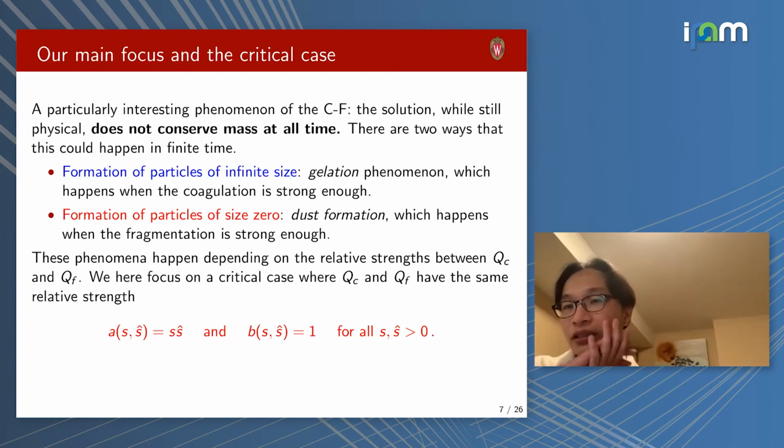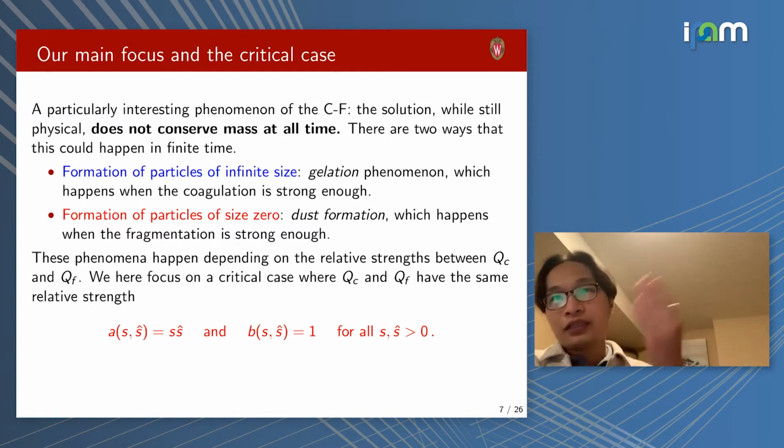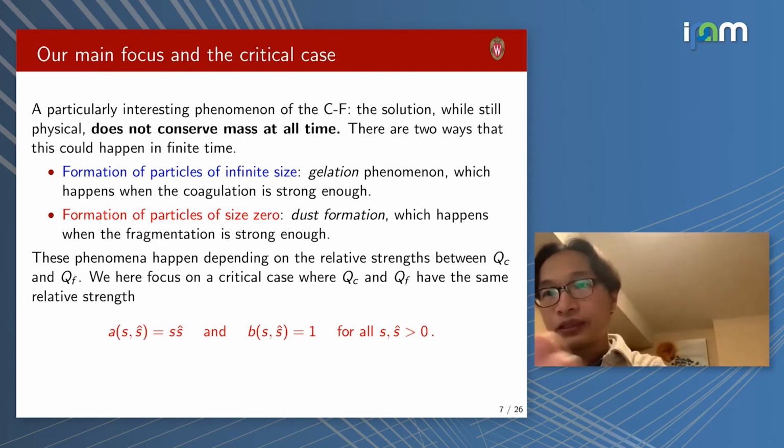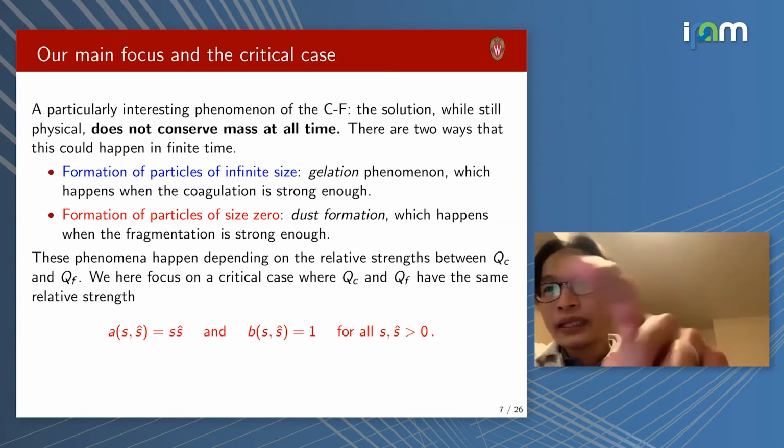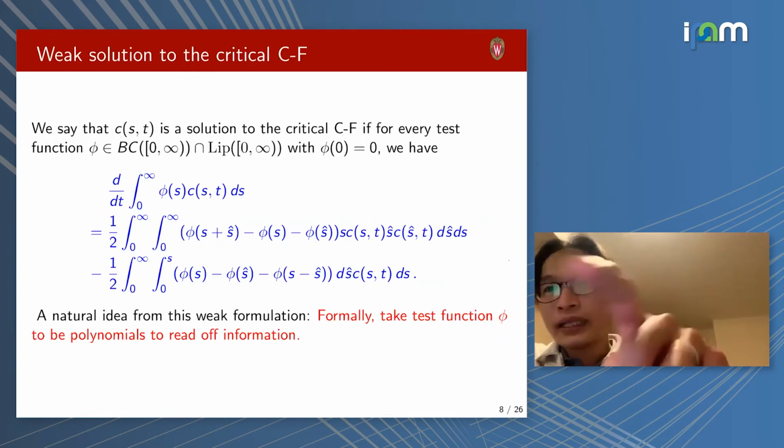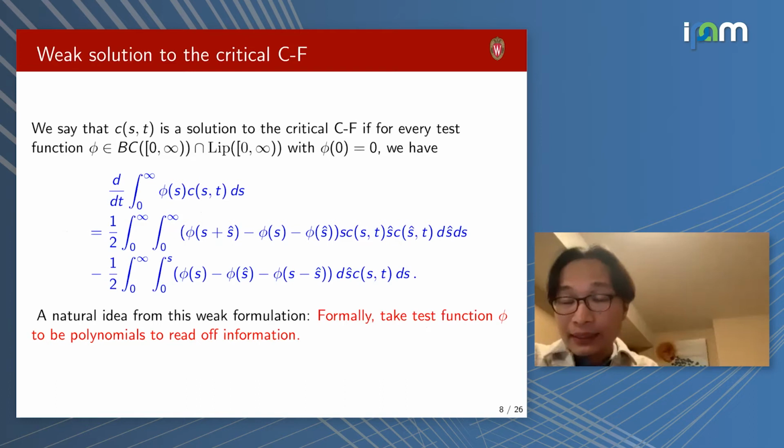It's a very particular case, where A is s times ŝ and B is just 1 for all time. Okay, so I just explained why we are really interested in that, and next I can explain that, if you look into the equations in the classical form, you can also look at the weak form.